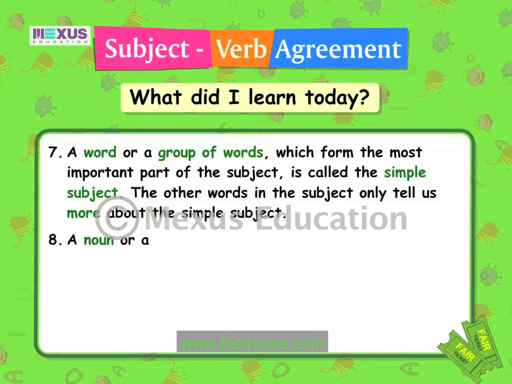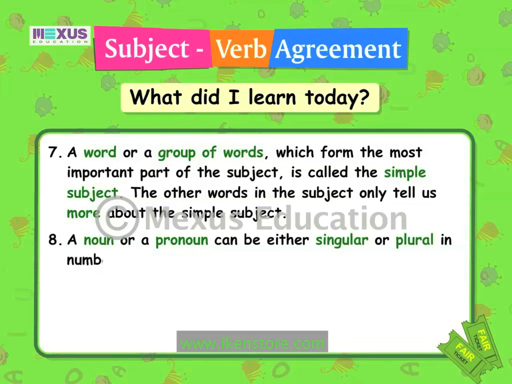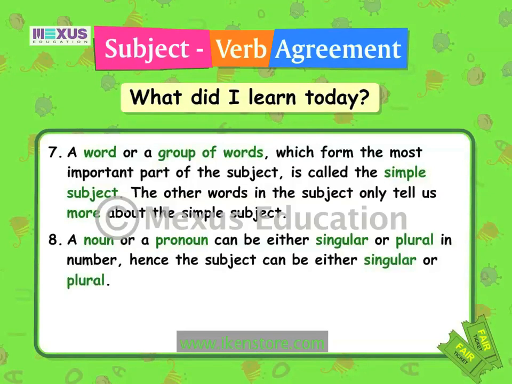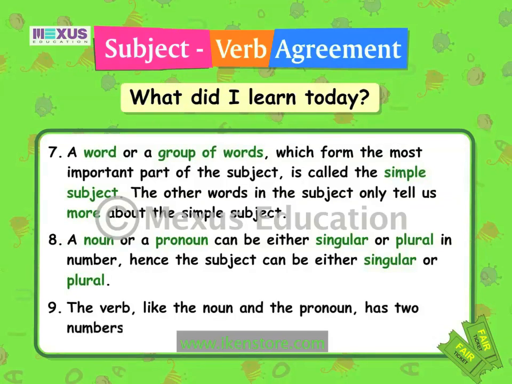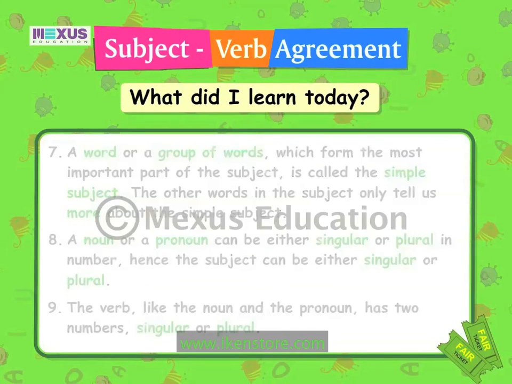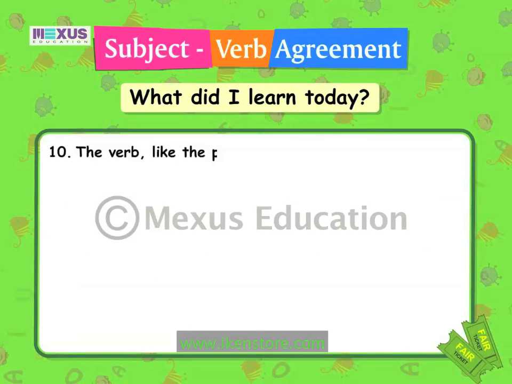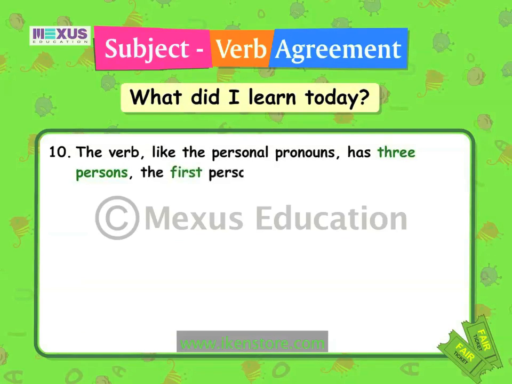A noun or a pronoun can be either singular or plural in number. Hence, the subject can be either singular or plural. The verb, like the noun and the pronoun, has two numbers, singular or plural. The verb, like the personal pronouns, has three persons: the first person, second person, and the third person.